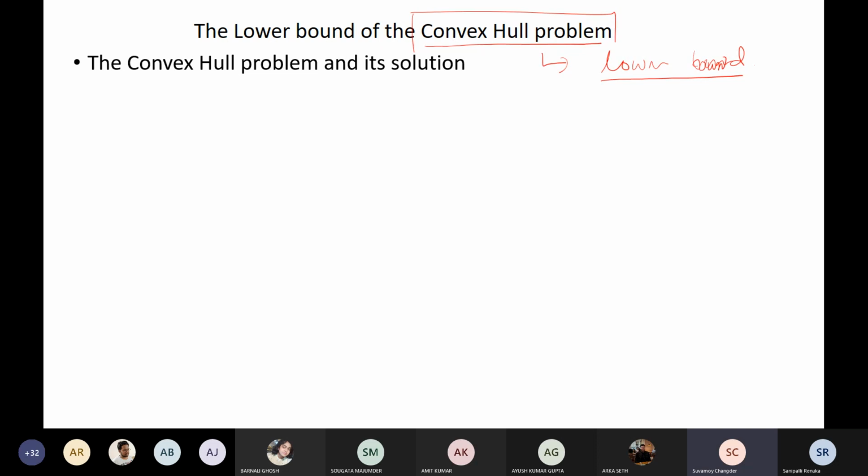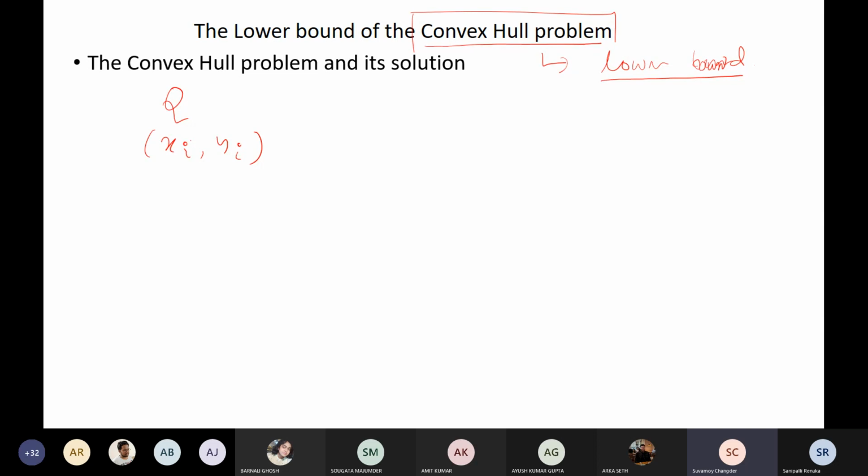The convex hull of a set Q is a set of points. Let Q be a set of points whose coordinates are given as xi, yi.